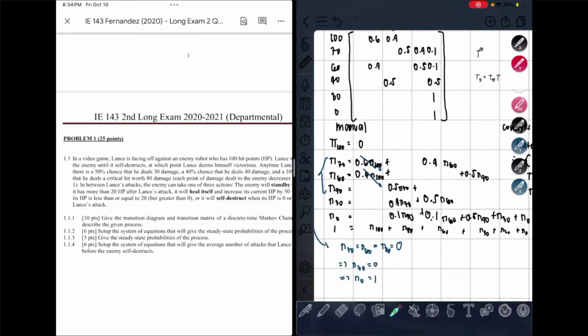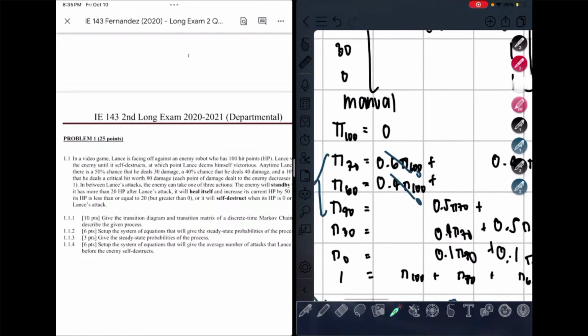Because if you have four, you can just do it with the calculator. So they want it to be difficult, obviously. So we have here 1, 2, 3, 4, 5, 6, 7, including the normalizing equation, which is basically that all the steady state probabilities have to add up to 1.